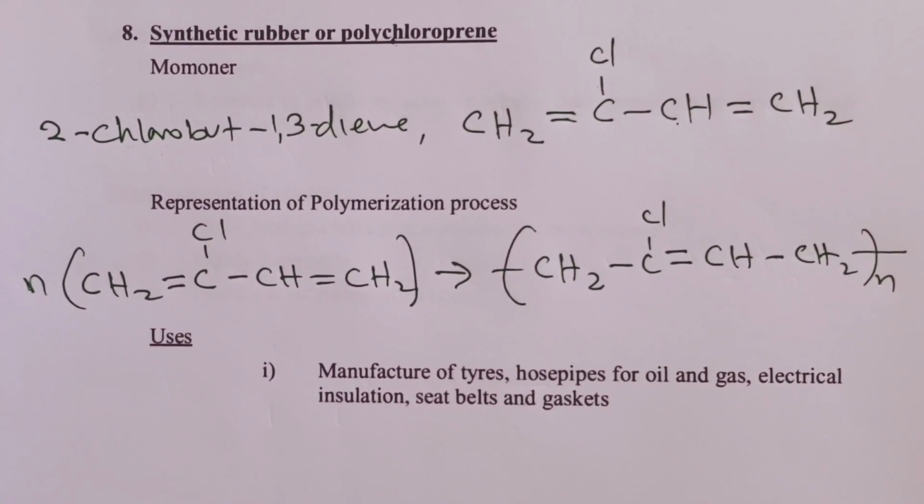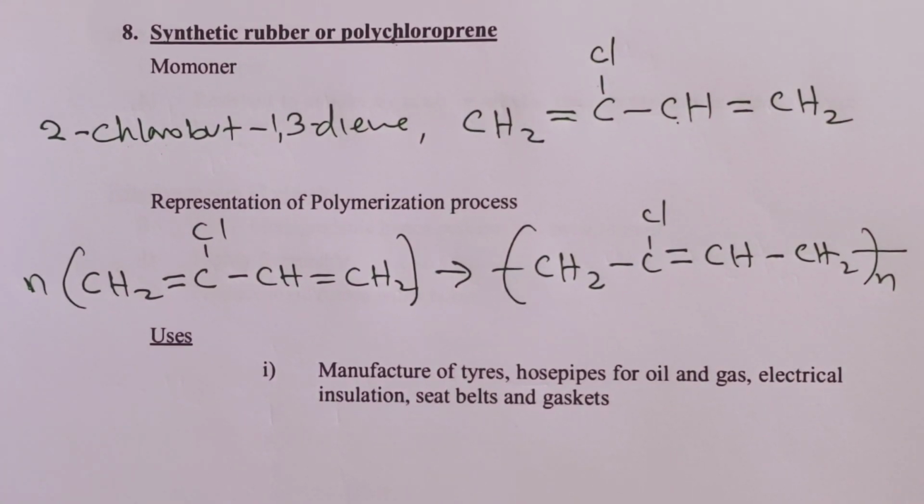Now, our synthetic rubber is still used to make tires. This kind of rubber is resistant to attack by petroleum products. So if you need hose pipes for oil and gas, this is the material to go for.